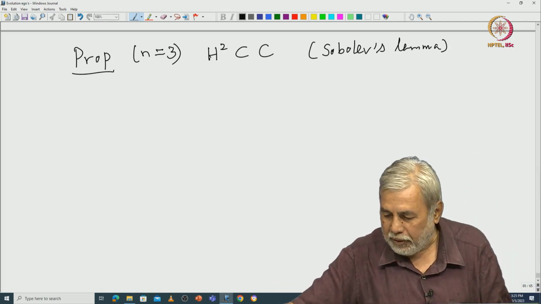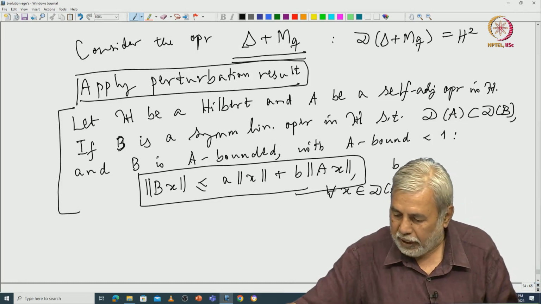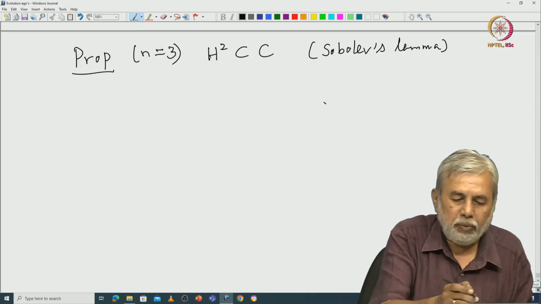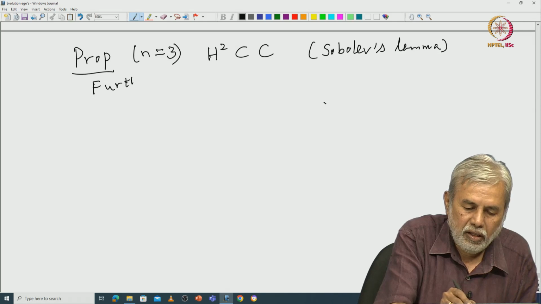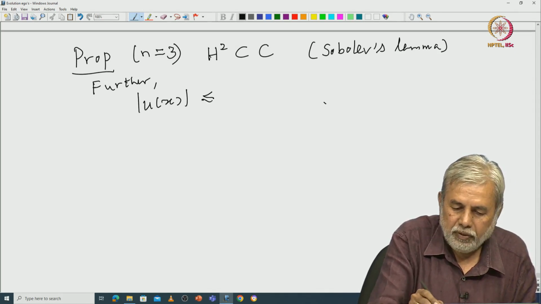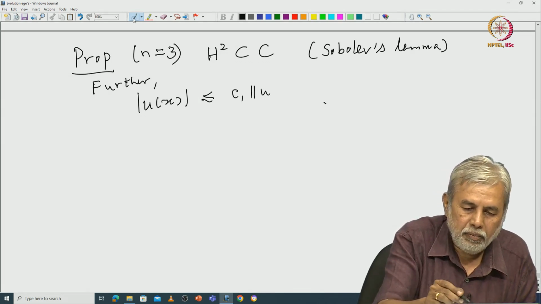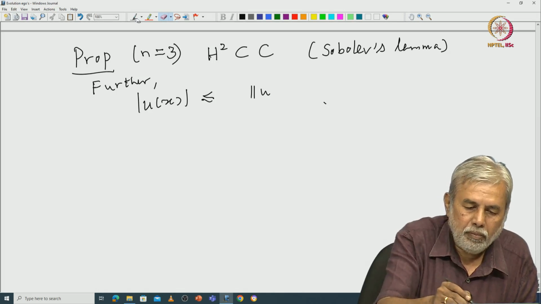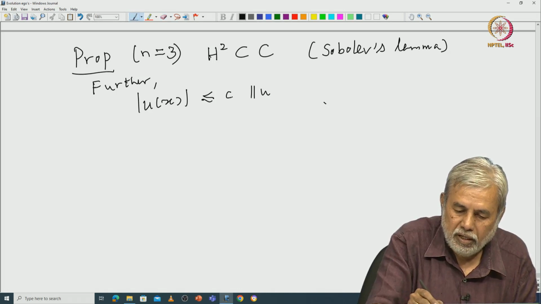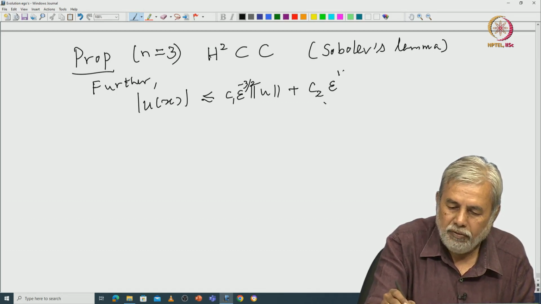But we want a similar estimate. In order to derive this Kato estimate, we need this one further: u of x is less than or equal to C1 norm u times epsilon to the minus 3 by 2, plus C2 epsilon to the half times the norm, for all x in R3.